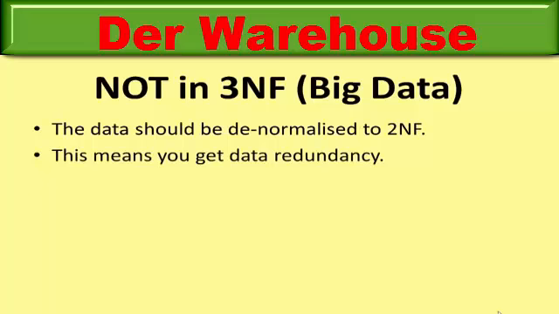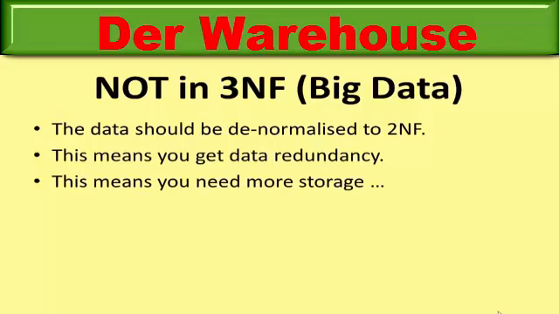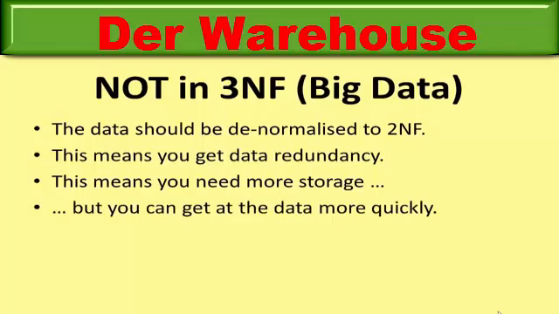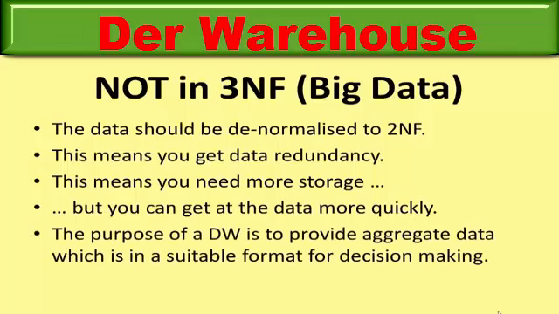This means that you get data redundancy, and that means that you need more storage, and that means that you can get at the data more quickly, and more quickly is what data warehousing is all about. The purpose of a data warehouse is to provide aggregate data, totals, averages, trends and so on, which is in a suitable format for decision making.